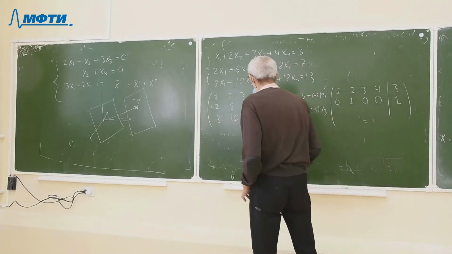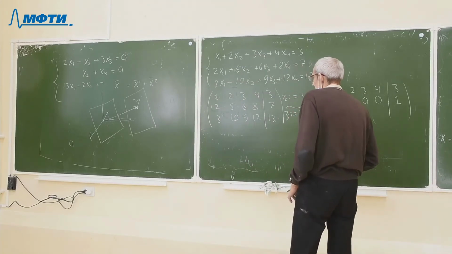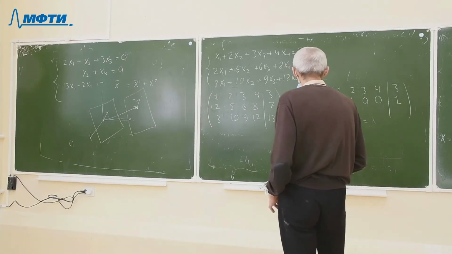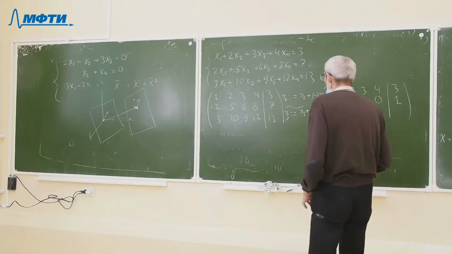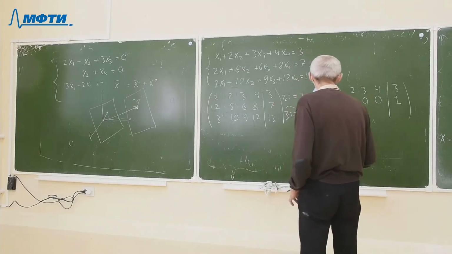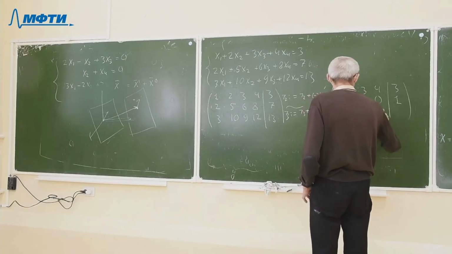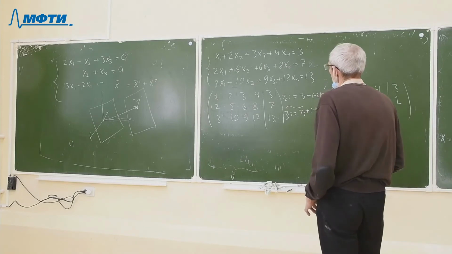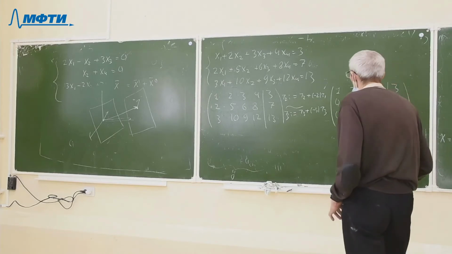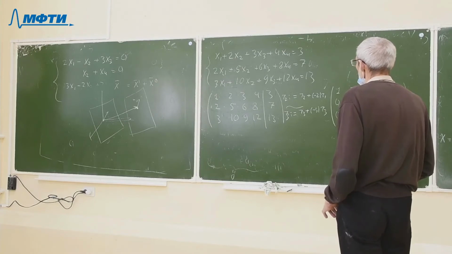The same way, minus 3 plus 3 is equal 0, minus 6 plus 10 is equal 4, minus 9 plus 9 is equal 0, minus 12 plus 12 is equal 0, minus 9 plus 13 is equal 4.